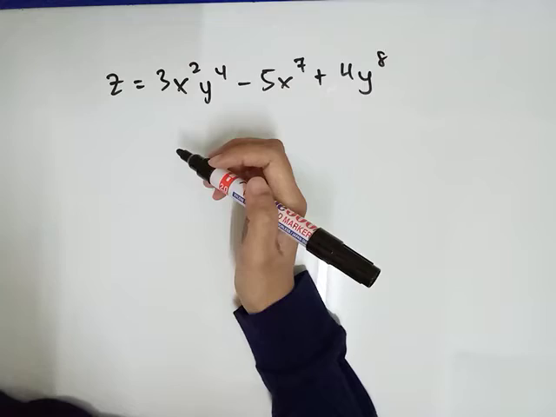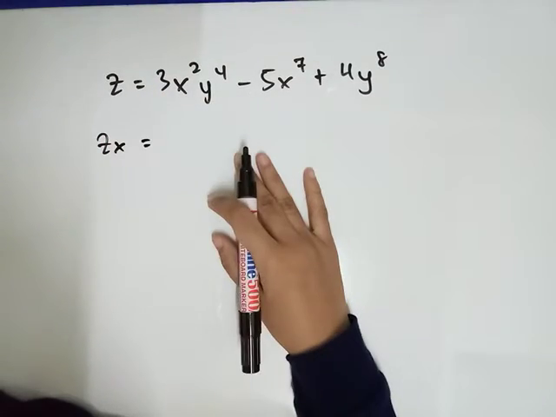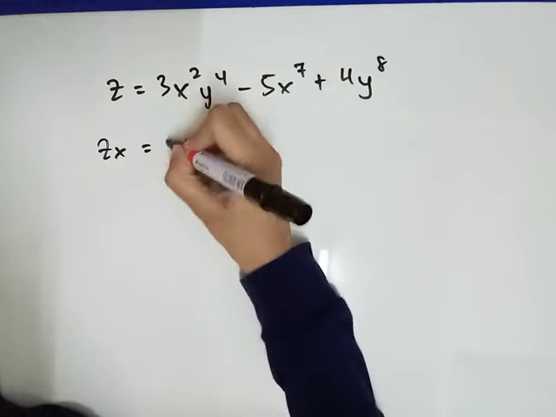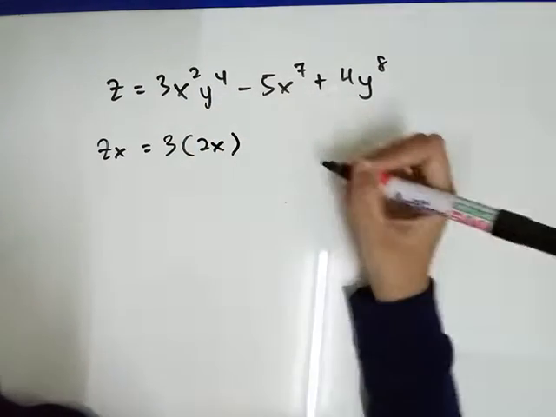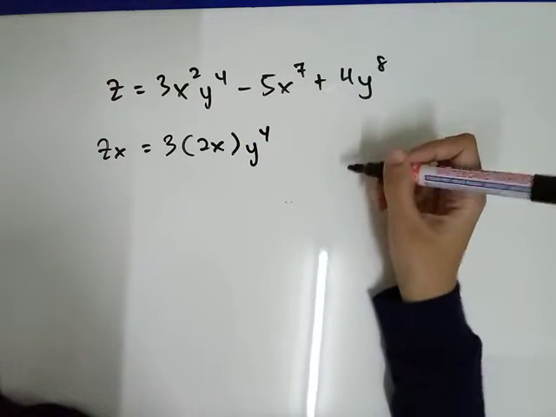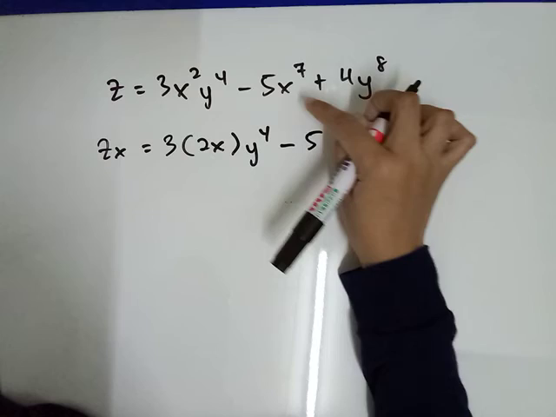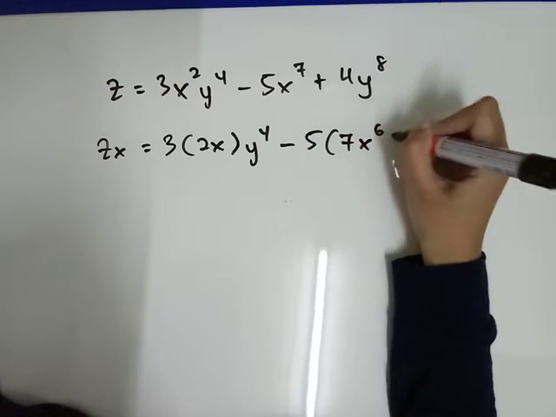So we want to differentiate with respect to x. Zx is equal to: 3 is a constant. Differentiate x squared, we get 2x. Y power 4 is a constant. Minus 5, differentiate x power 7, it will become 7x power 6.